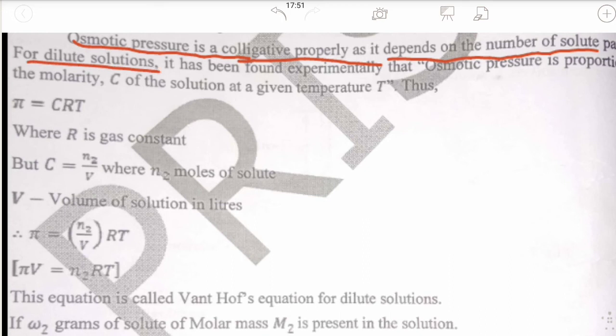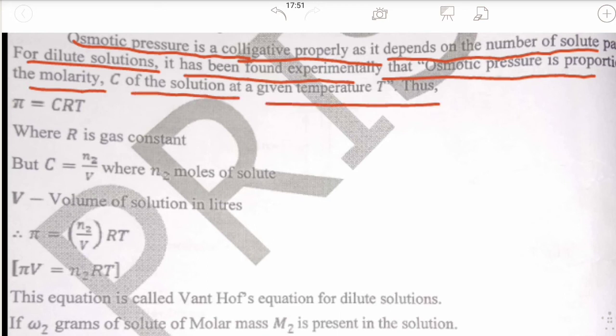For dilute solutions, it has been found experimentally that osmotic pressure is directly proportional to the molarity of the solution at a given temperature T. Thus, this osmotic pressure, denoted by pi, is directly proportional to the molarity.